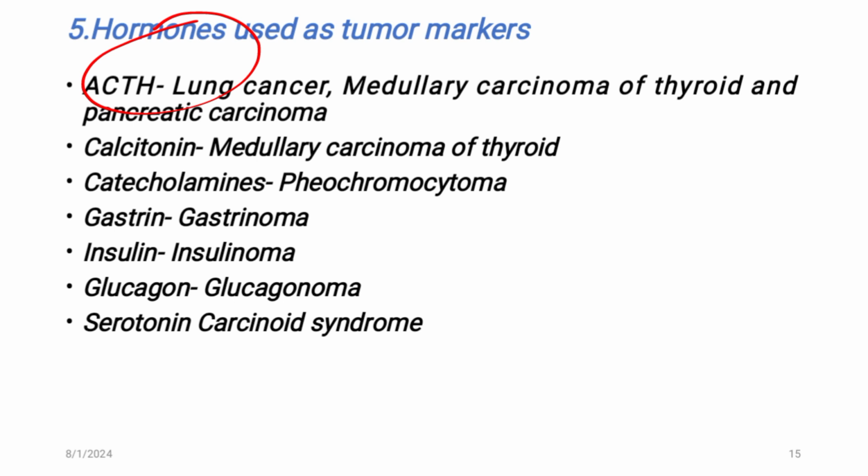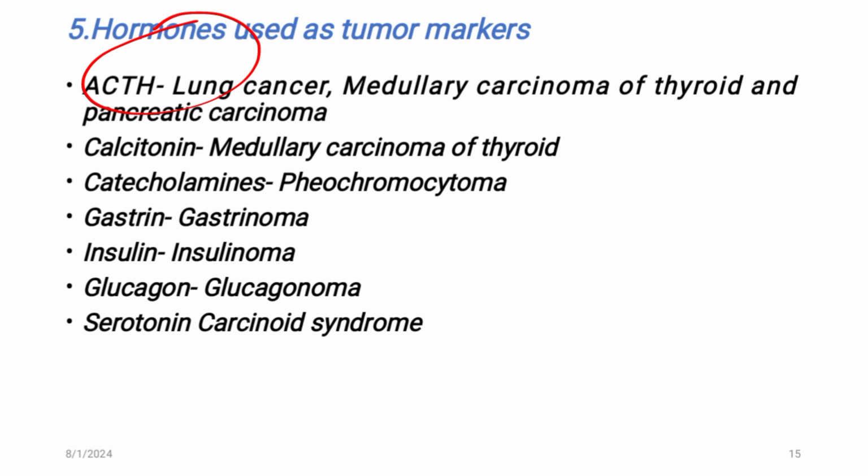Which hormones are used as tumor markers? ACTH, adrenocorticotropic hormone, is used for lung cancer, medullary carcinoma of the thyroid, and pancreatic carcinoma. Calcitonin is for medullary carcinoma of the thyroid. Calcitonin, as it is the hormone released from the thyroid, is for carcinoma of the thyroid.